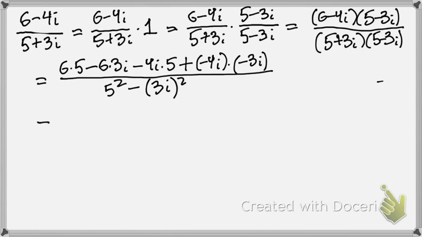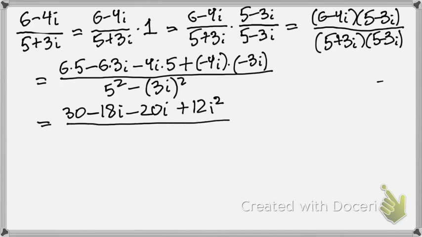Let's simplify this further. At the top, we have 30 minus 18i minus 20i, and then plus 12i squared. What we have at the bottom is 25 minus 9i squared. And now, whenever you work with complex numbers, you always need to remember that the square of i is negative 1.